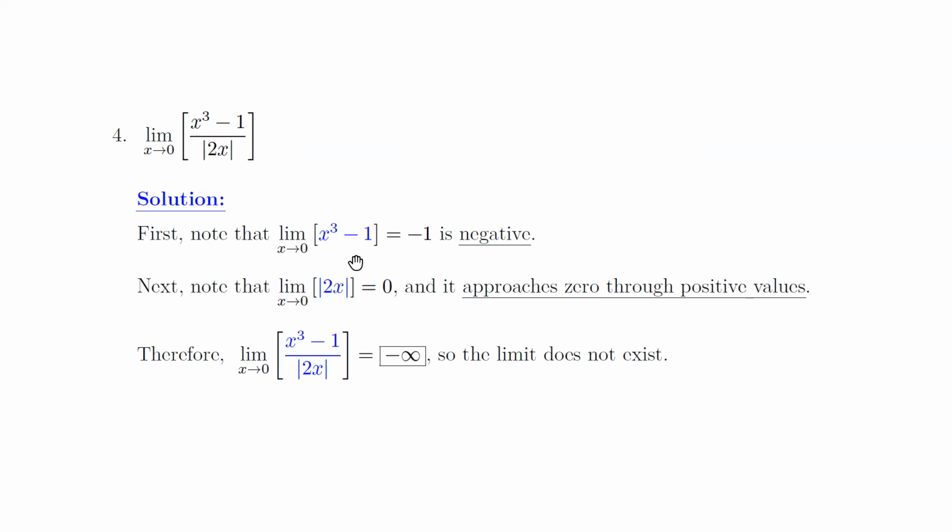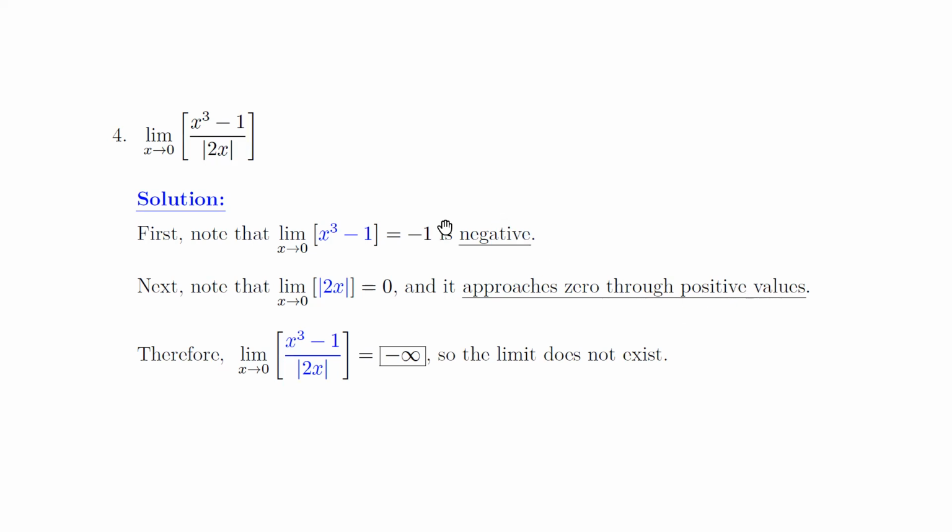In this case, because of the absolute value function, it will always be positive, right? As long as x is not 0, this is always positive. Remember, for a limit, we are not concerned with what happens at the point, only as we approach the point. And as we approach 0, this is always going to be positive. So it approaches 0 through positive values.